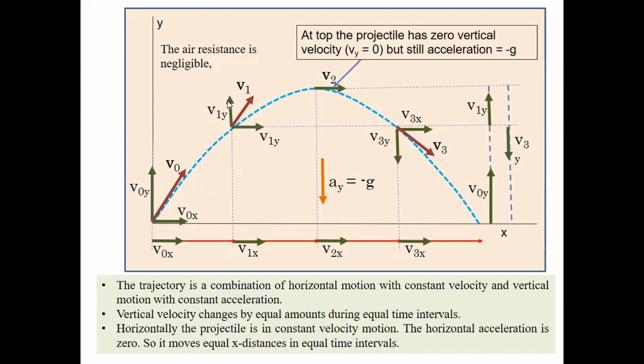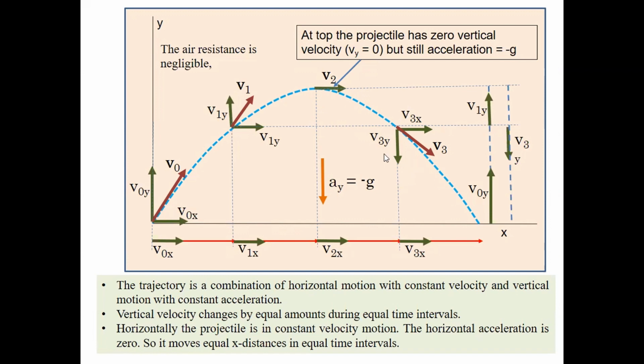As it goes further, the velocity along the y direction starts going down because of the downward acceleration. This component decreases. Eventually, it becomes 0, and then it starts increasing, but in the other direction, which is the downward direction, because it is going to fall. So the velocity vector starts increasing, but downwardly, and eventually it falls and hits the ground.